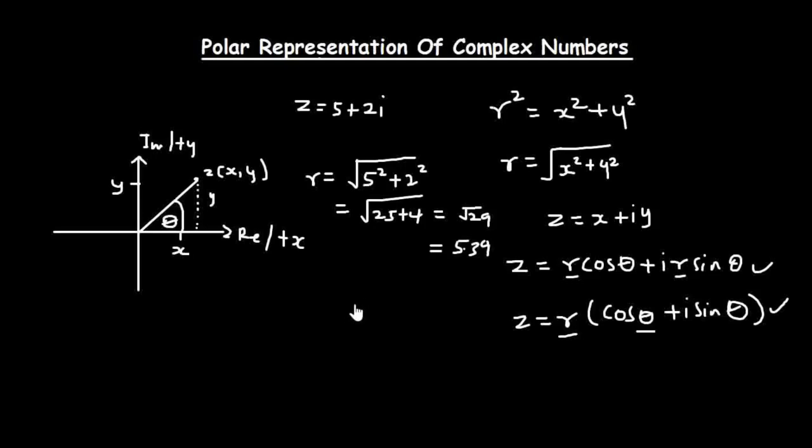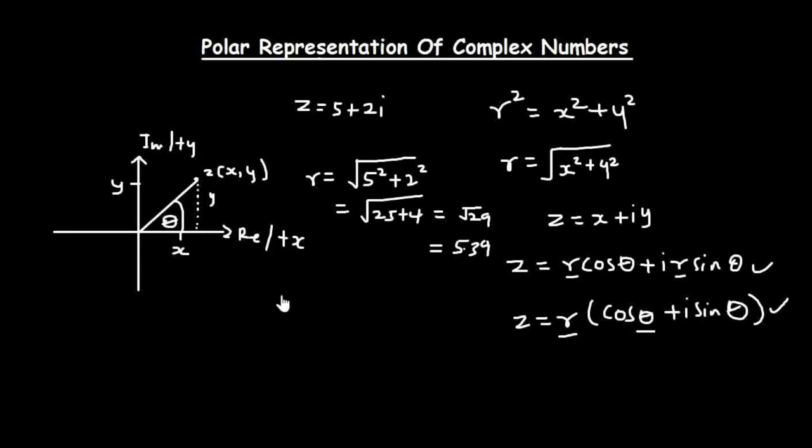So what else do we need? Now what we need is the argument, which is the angle this line makes with the positive x-axis. To do that, we can take the tan inverse of y over x. When you take the tan inverse of y and x, we can find the angle, which is the argument.